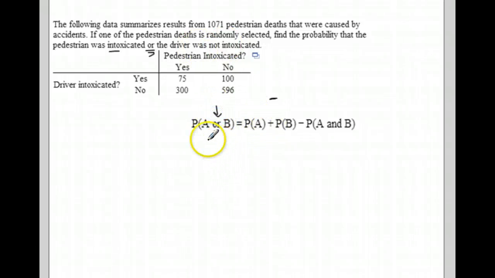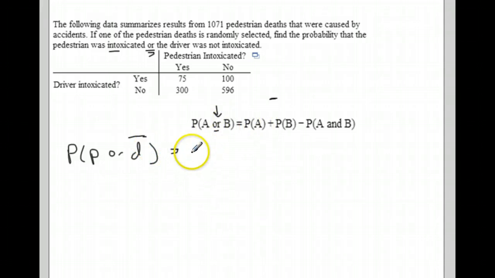When we see that word or in there, this rule applies. So this is pedestrian, I'm going to put P, or the driver, D, was not intoxicated. I put a little line over it, meaning was not intoxicated.